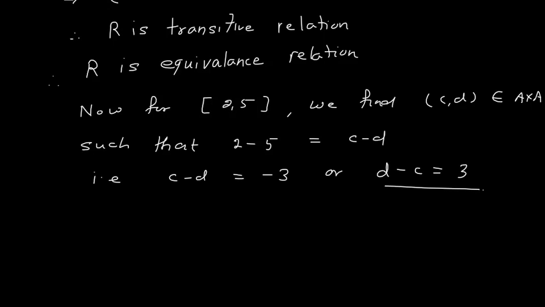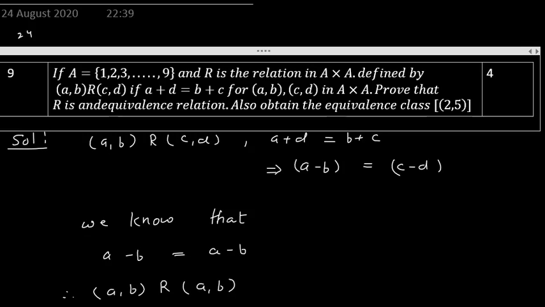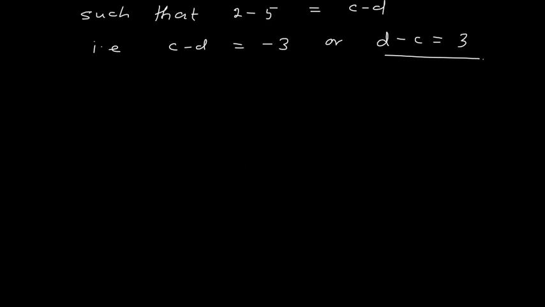So I have to find numbers which are in A. Now set A is from 1 to 9. So from 1 to 9 I have to take out all the pairs which satisfy this condition. Here we can say that D is equal to C plus 3. So for C equal to 1, D will become 4.